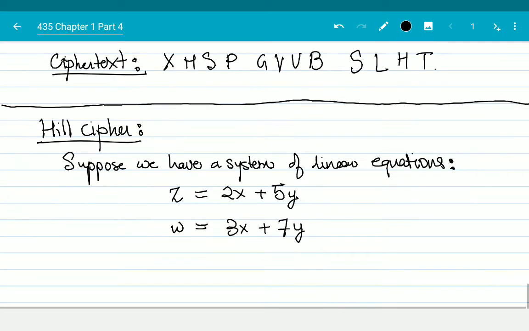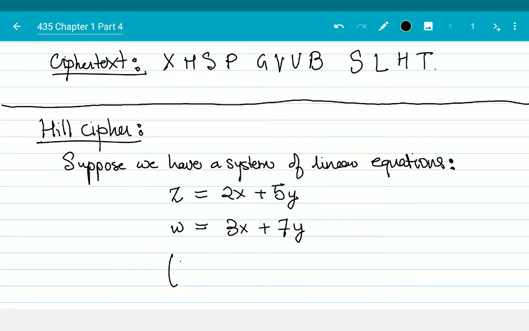Then in terms of matrices, you can write this as (z, w) equals the matrix [[2, 5], [3, 7]] times (x, y).